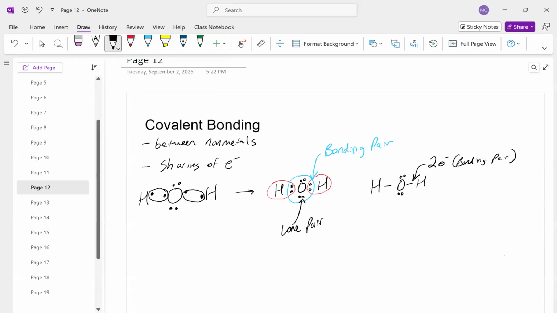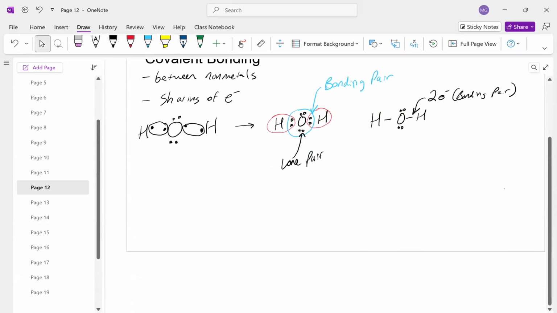Now let's look at some more examples of this. What I'm going to do is look at some of the diatomic elements, and I'm going to take a little bit of a rabbit trail here because I haven't really talked much about diatomic elements. Most of the elements on the periodic table exist as an atom that associates with other atoms of itself, but not formally bonded.